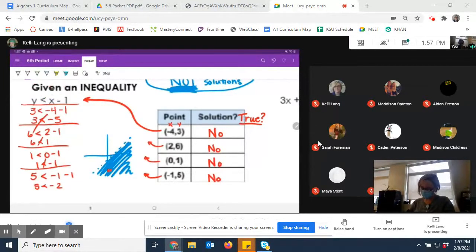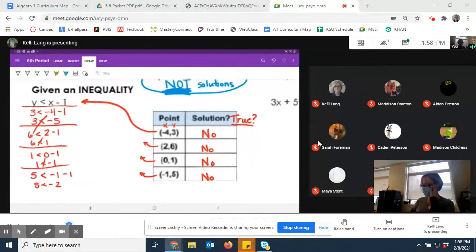Like, this would be a solution, this would be a solution, this would be a solution. It's just whoever wrote this problem didn't pick any of these points. They only picked points up here for some reason. I don't know why. So they all just happen to not be solutions. But there could be plenty of solutions to this problem. That's just a coincidence. Okay. Any questions so far? All right, let's move on to the next one.